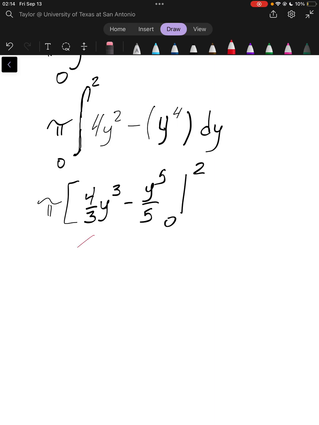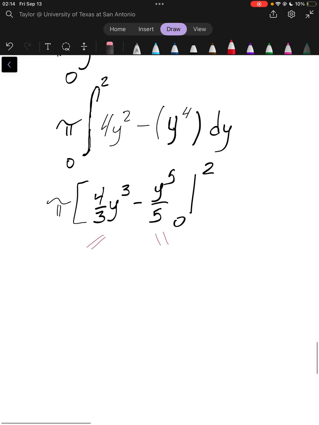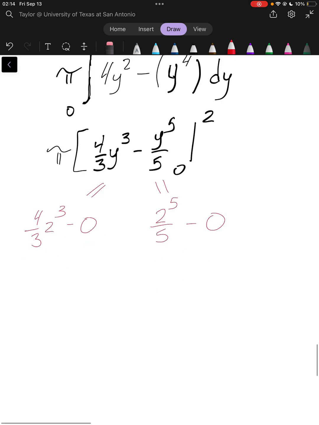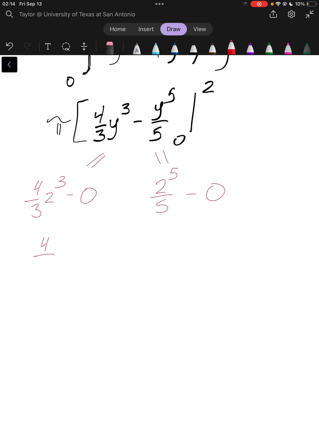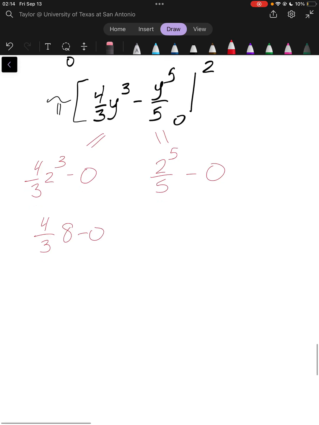So I'm going to break this up, giving me 4/3 times (2 cubed minus 0), and then I get 2 to the 5th over 5 minus 0. So this side I get 4/3 times 8 minus 0, giving me 32 over 3.